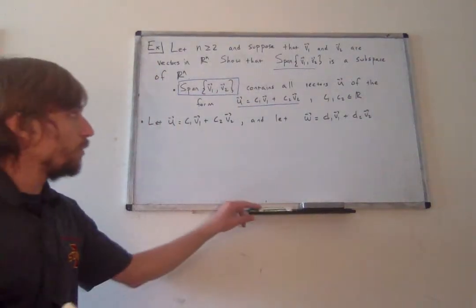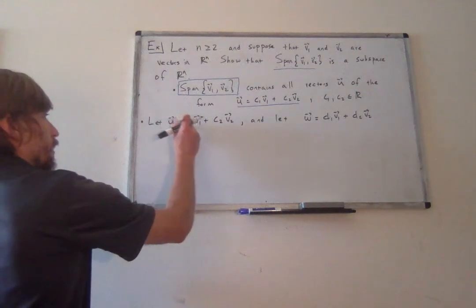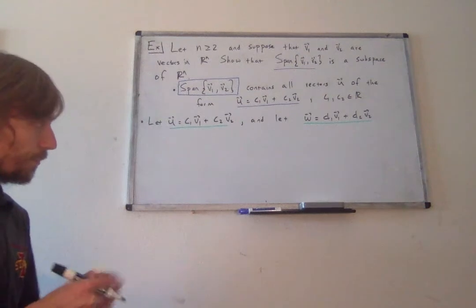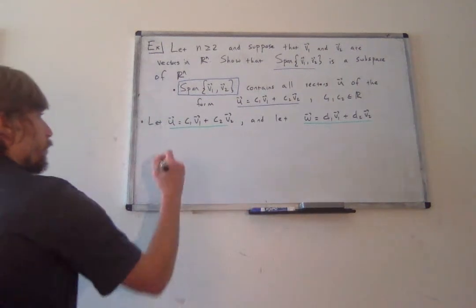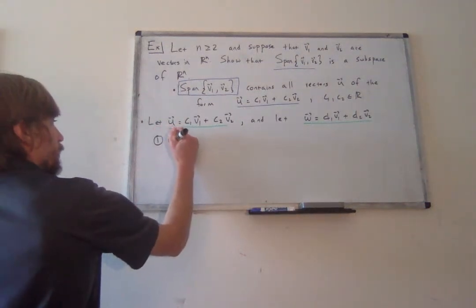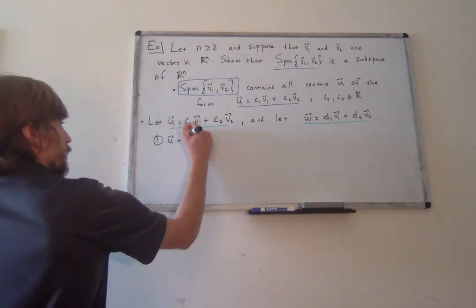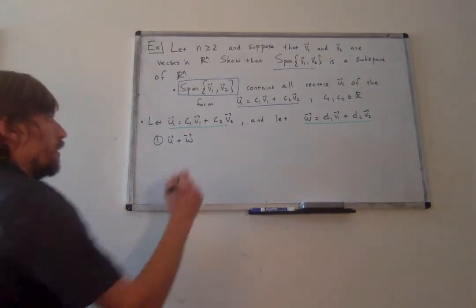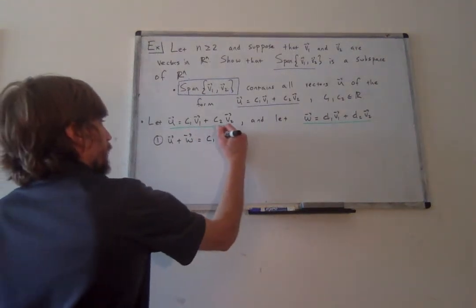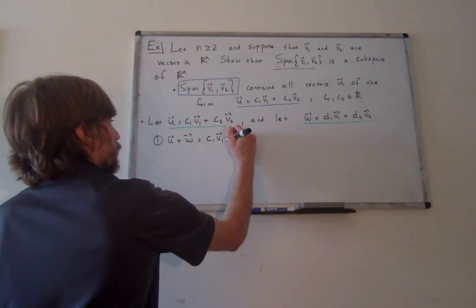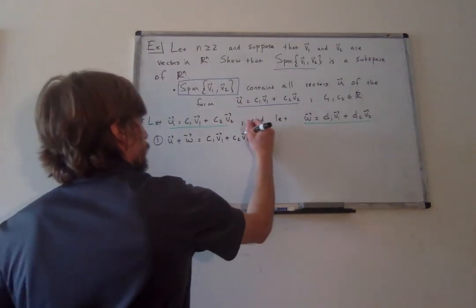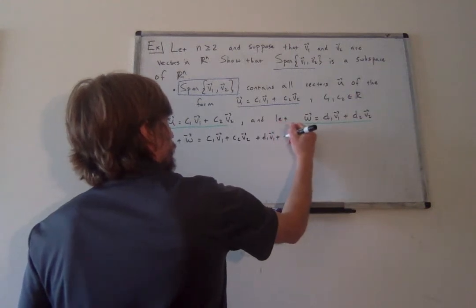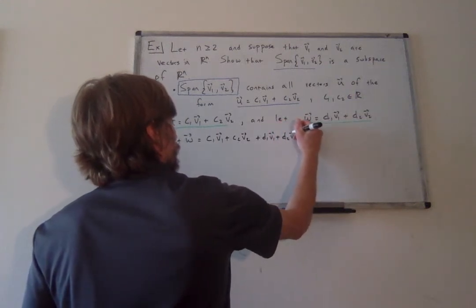But so we're going to consider these 2 arbitrary vectors for the purposes of our proof. So first things first, we need to check, is u plus w also a vector in the span of v1, v2? Well, notice this is equal to the vector c1 v1 plus c2 v2 plus d1 v1 plus d2 v2.